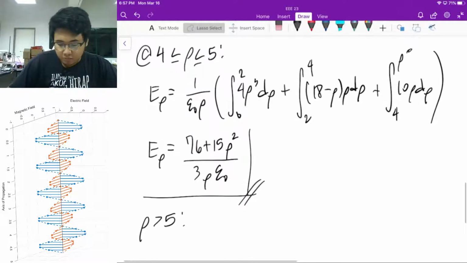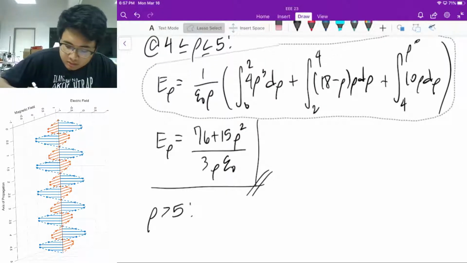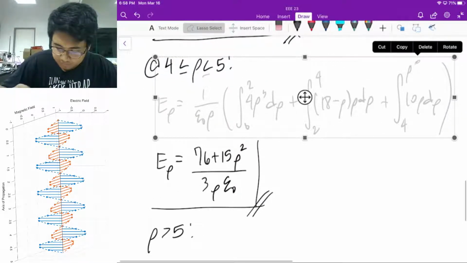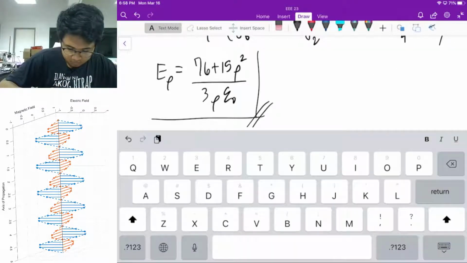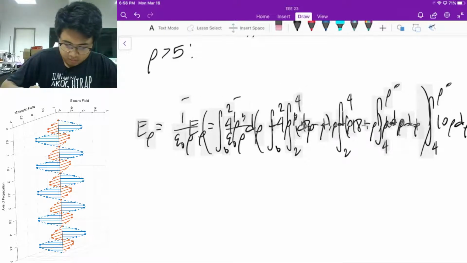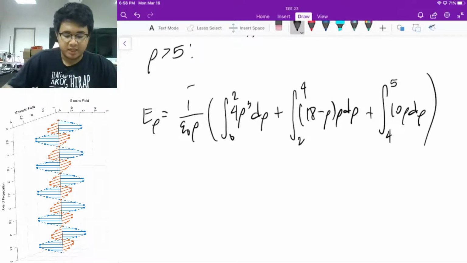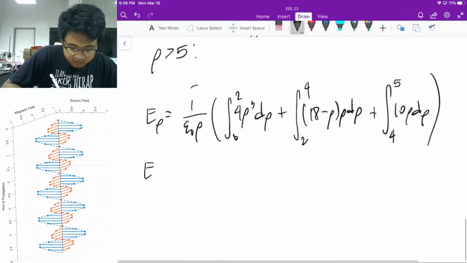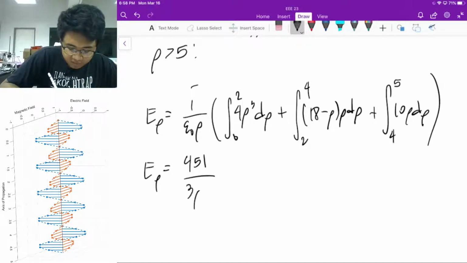Let me just copy this first. And then we just change this to 5. Alright. And the resulting electric field is equal to 451 over 3 rho epsilon 0.